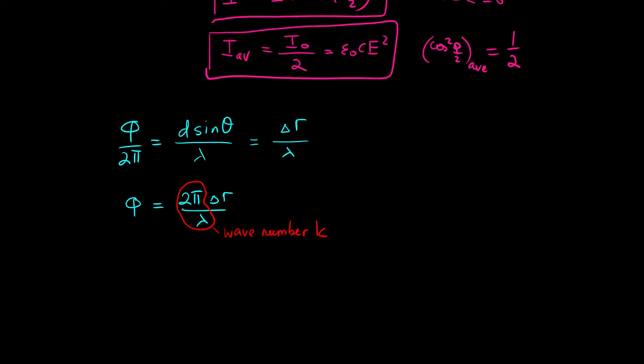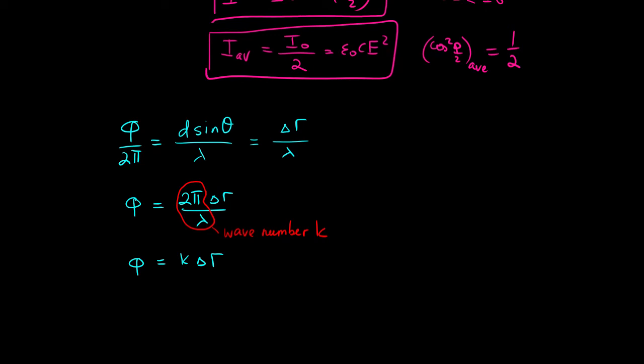Then I can write phi equals k delta r. Now we have always been assuming that the material between the sources or the slits and the point P is vacuum. But what if it's other than a vacuum? Then we must use the wavelength in the material.